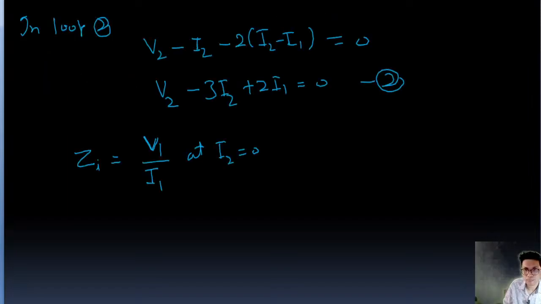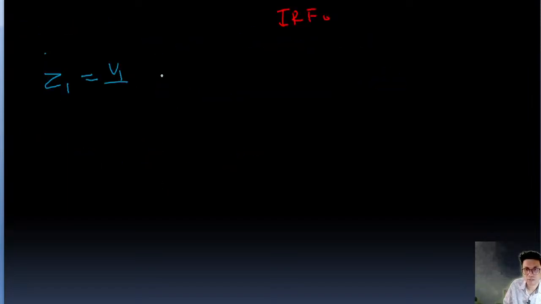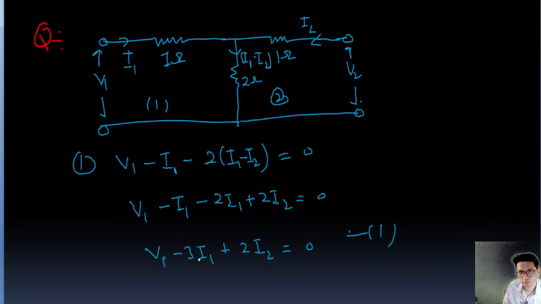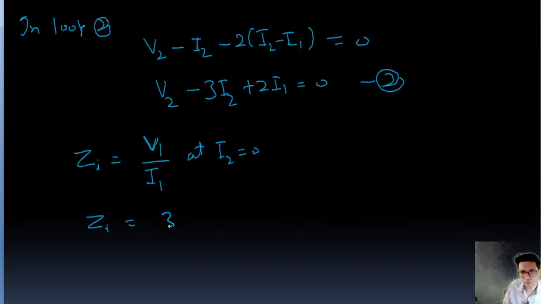So zi is going to be this one. We have put I2 equal to 0 in equation 1, so the v1 upon I1 ratio is going to be equal to 3, right? So at I2 equal to 0, this is 3 ohm.